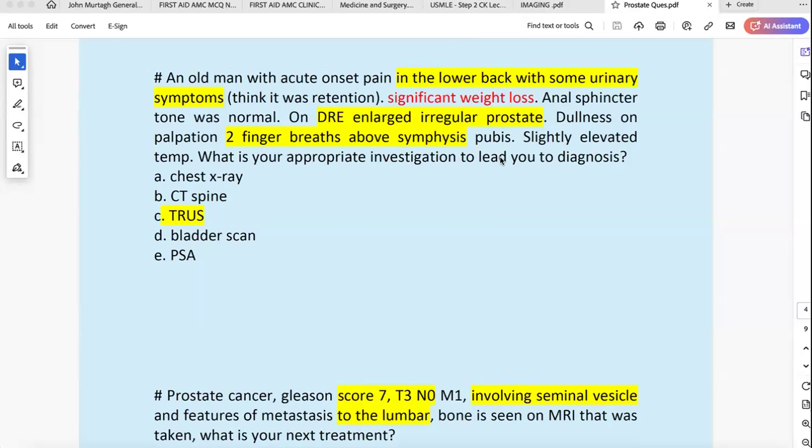Before you can diagnose metastasis, you need to diagnose the local cancer. So you need to first diagnose if it is a prostate cancer or not. For prostate cancer diagnosis, you need to do a biopsy. So if they're asking what is the most appropriate investigation that will lead you to diagnosis, that will be a transrectal ultrasonogram guided biopsy. Okay?